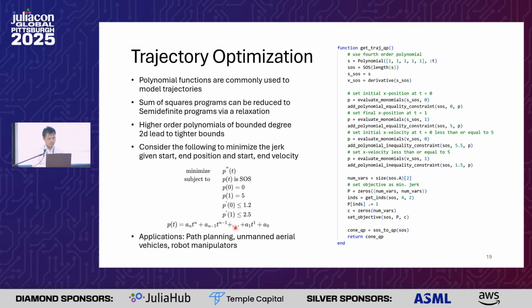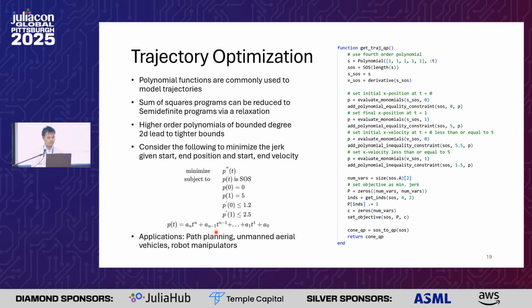You can have any high order polynomial, and the higher the order of the polynomial, the better the result. Well, not technically, but you get something that is feasible. If you put in something that is too low order, you may not find a feasible solution.